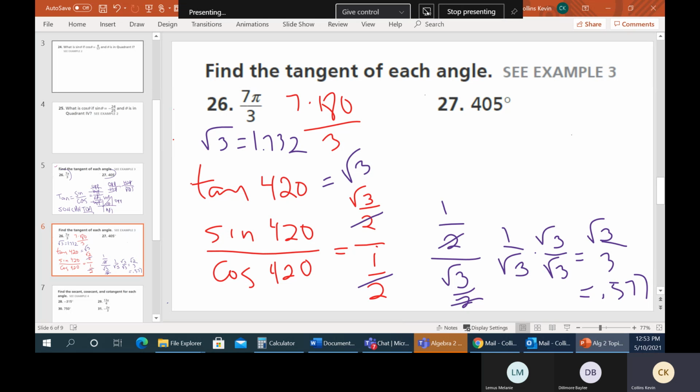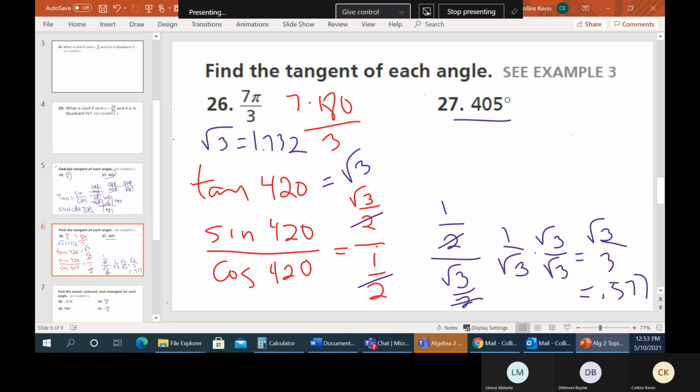Okay? So when you have a tangent that's a multiple of 30, 60, 90 kind of thing, right? You will get one of two answers. You'll either get the square root of 3 over 3, or you'll get just plain square root of 3.